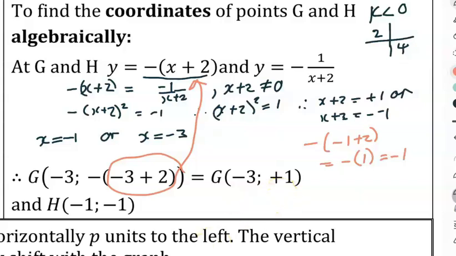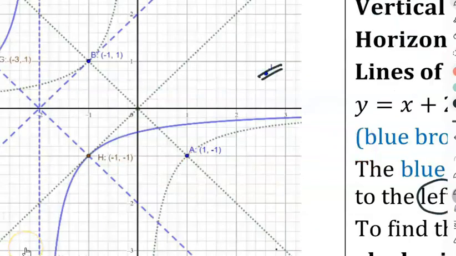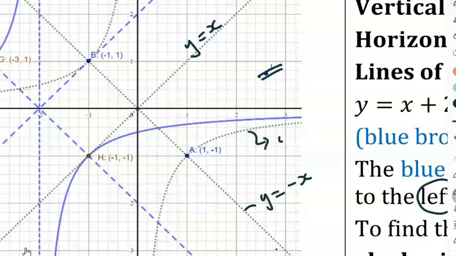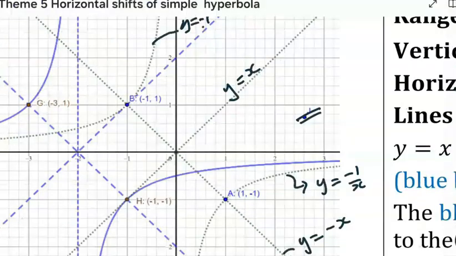So let us look at the graph. Please ignore that point there, it's accidentally on the graph. First of all, this is our y equal to x, one line of symmetry of the original, the reflected mother graph, and y equal to minus x. This is my graph y equal to minus 1 over x, and also this one y equal to 1 over x.